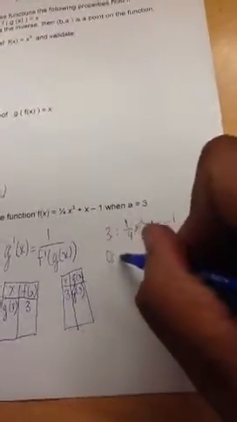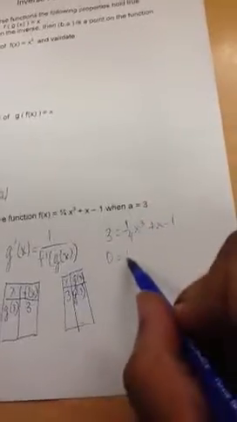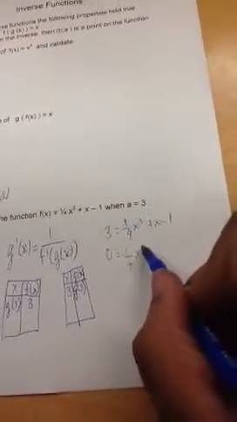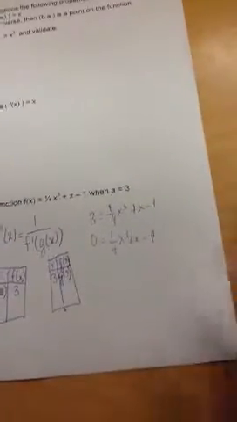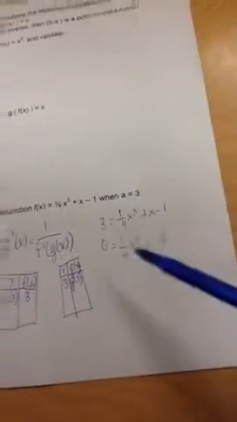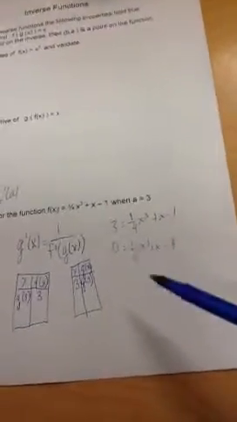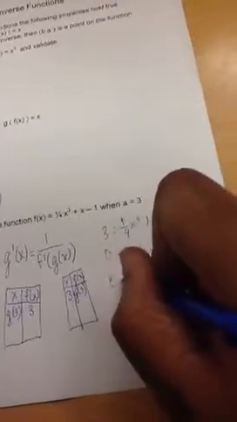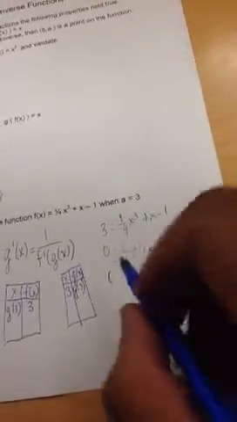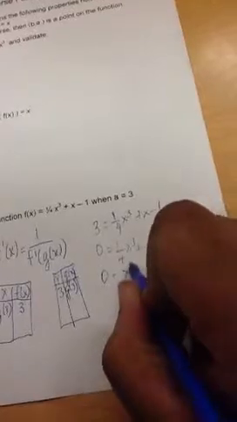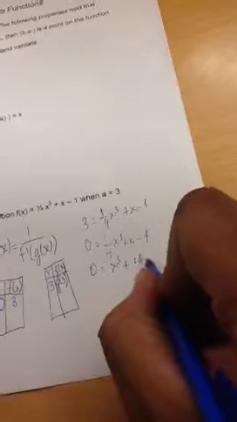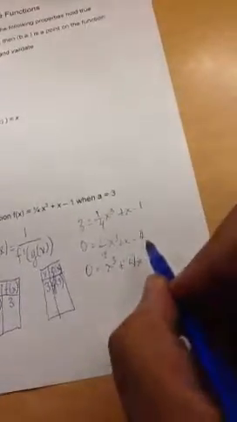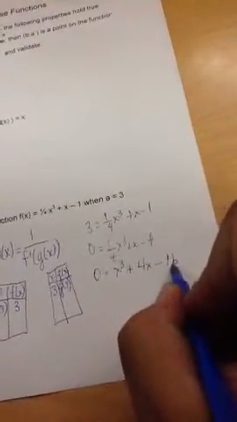It's going to end up being 0 equals 1/4 x to the third plus x minus 4. It would be better if I got rid of the fraction, so I'm going to multiply everything by 4, which will still leave me with 0 here. 4 times 1/4 is going to be 1, so that's just x to the third plus 4 times x is 4x minus 4 times 4 is 16.